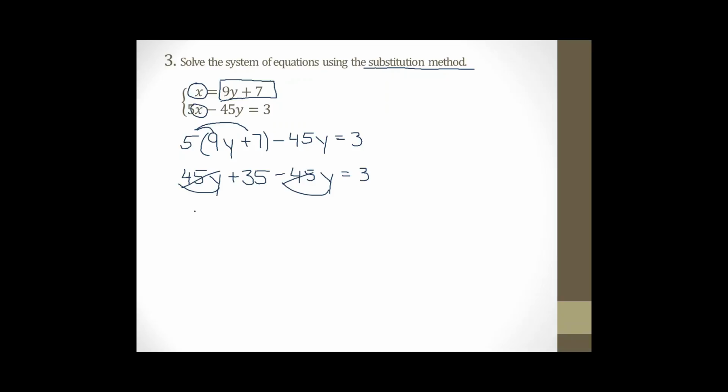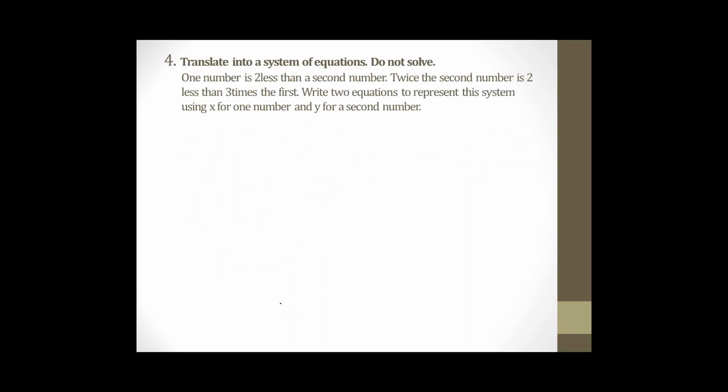So I'm left with 35 equals 3. This is not true, so it's not equal to 3, and that means that this system would represent two parallel lines. So the actual solution to this would be no solution, because there's no point that those two equations ever cross. So no solution.